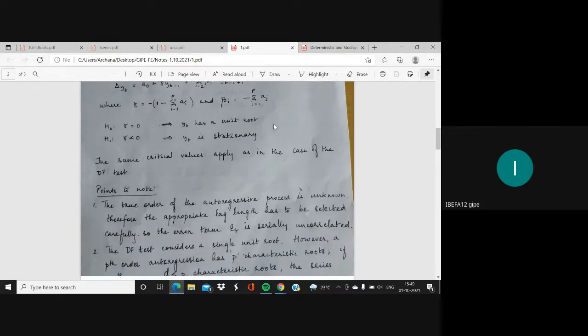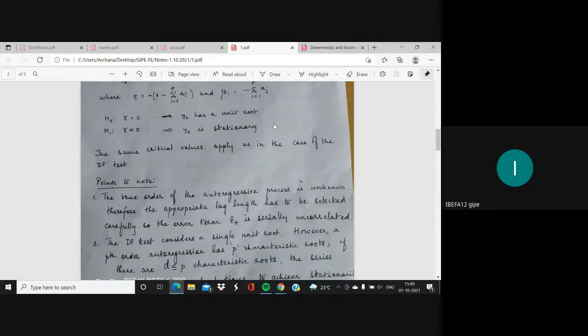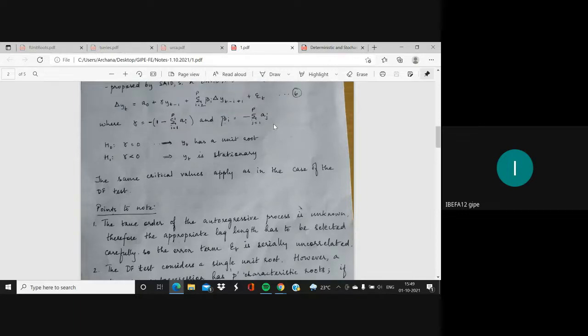When you finally estimate your model, one way to check whether you've specified the correct number of lags is to check the residuals from your model. They should be free from autocorrelation; they should be serially uncorrelated.